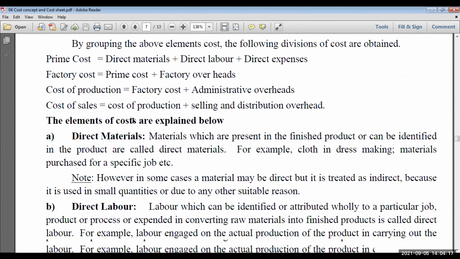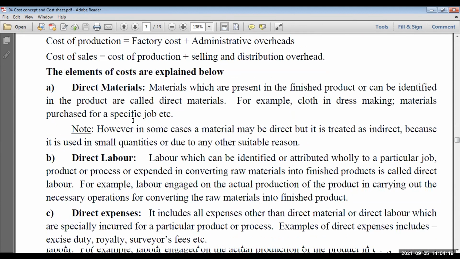So direct material is nothing but the material out of which the product is produced. For example, cloth is a direct material in dress making. Direct labor is any labor cost involved in production of a particular product.